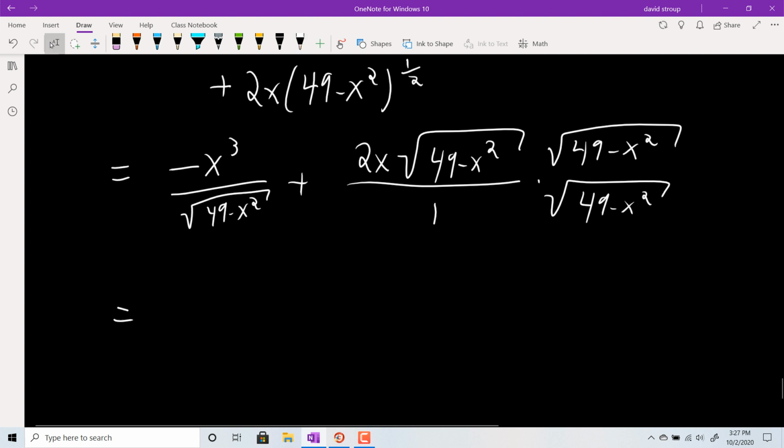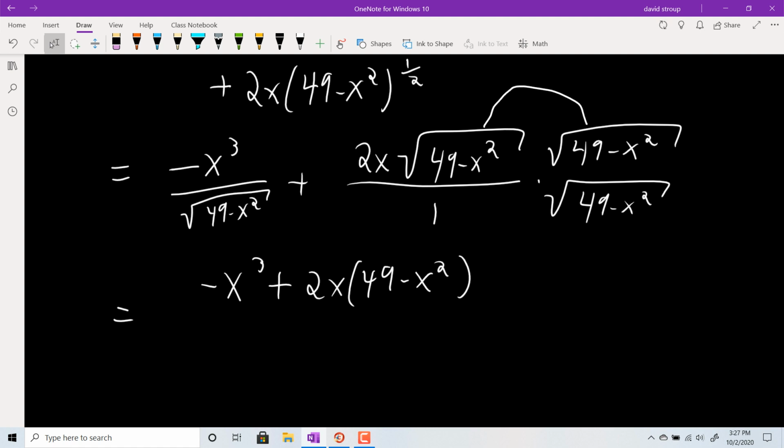Okay. So this would be, let's see, -x cubed plus then 2x times 49 minus x squared. Okay, so this times this, the radical will go away. And then that's all over the common denominator, 49 minus x squared.